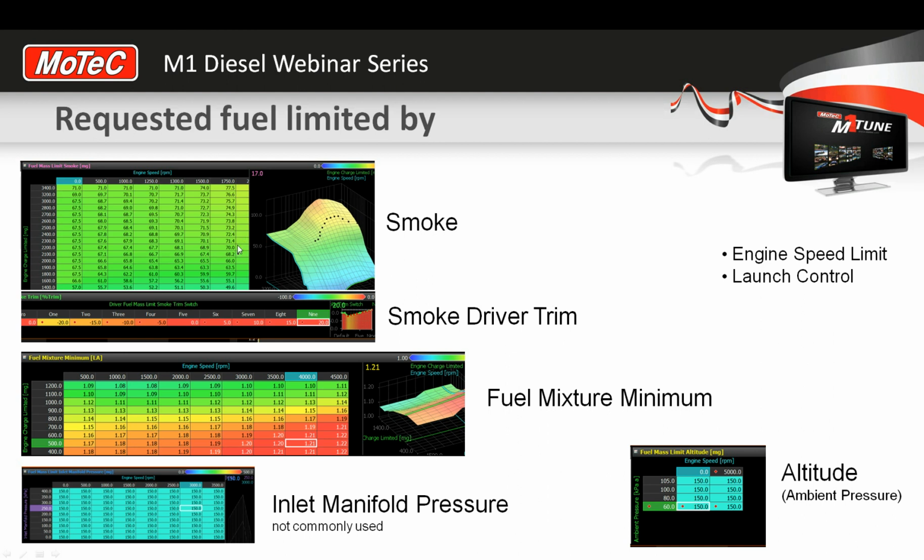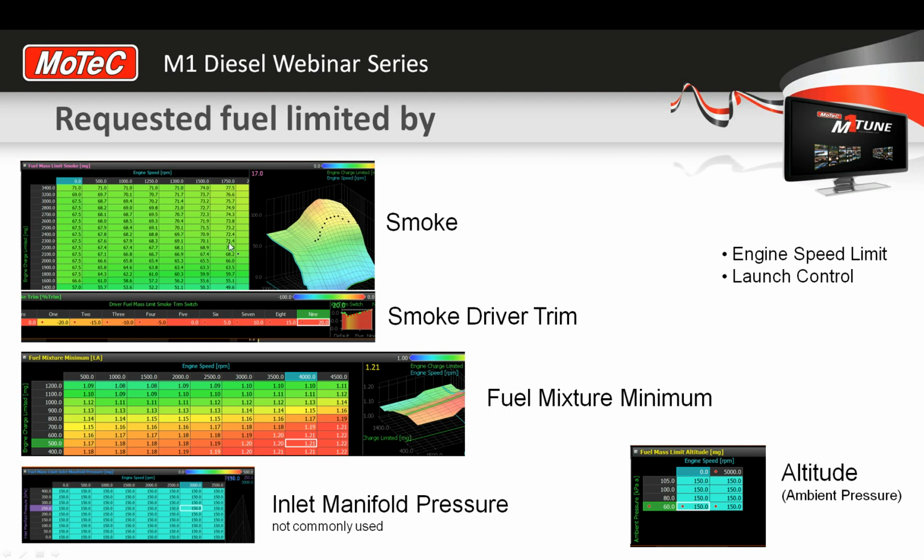So what we can do is see at any particular air engine charge amount, we can limit the amount of fuel. The number in here is milligrams. Have a look up the top: fuel mass limit smoke, milligrams. So I could have my foot flat, my pedal at 100%, which would mean, if we go with our example, 105 milligrams.